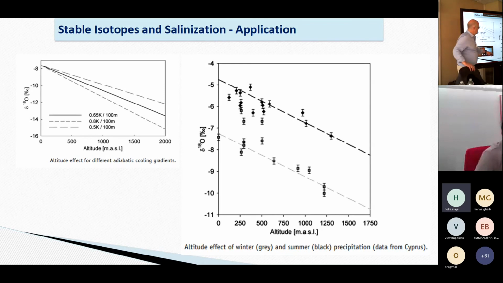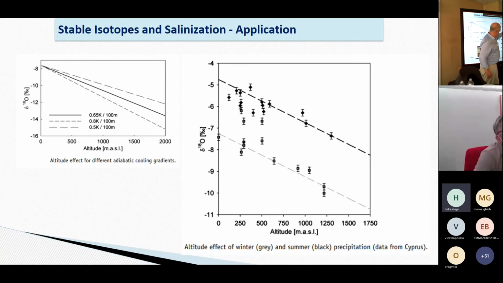So here we have elevation. We can now look at this line. So at 1,250 we have minus 7.5. And at 250 we have minus 5.